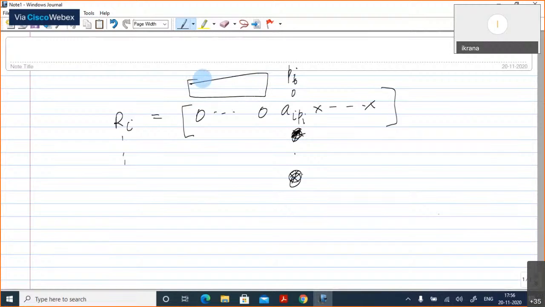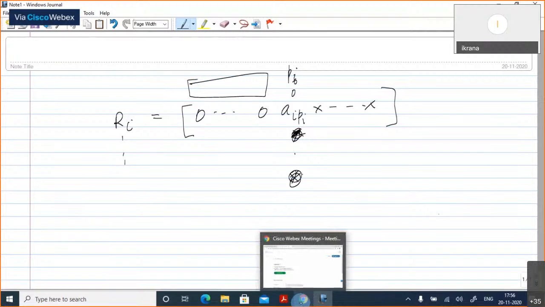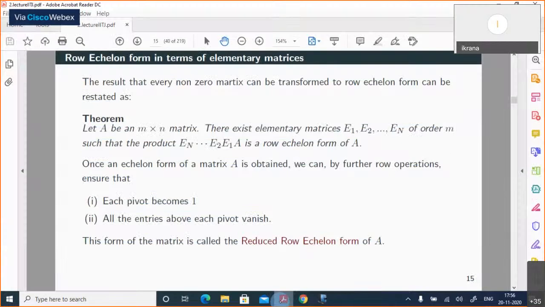So what we are saying is that by doing some more elementary row operations, each pivot, that is the first non-zero entry in the ith row, can be made equal to 1, and everything else in that column can be made equal to 0. All other entries above each pivot can be made 0, and below also is 0. So that is the only non-zero entry in that column, and it will be equal to 1.